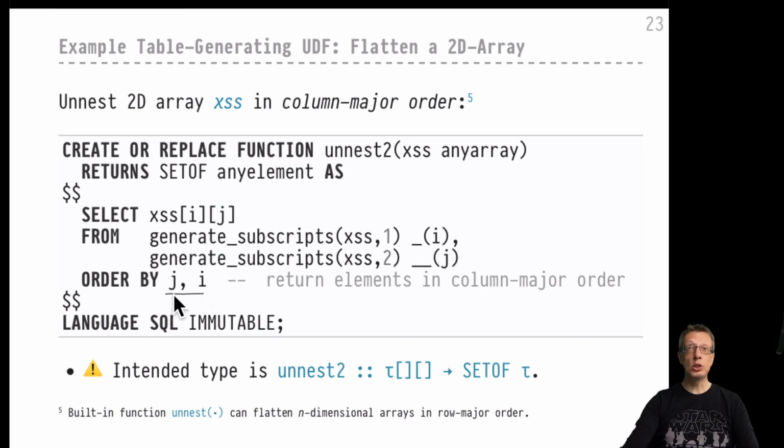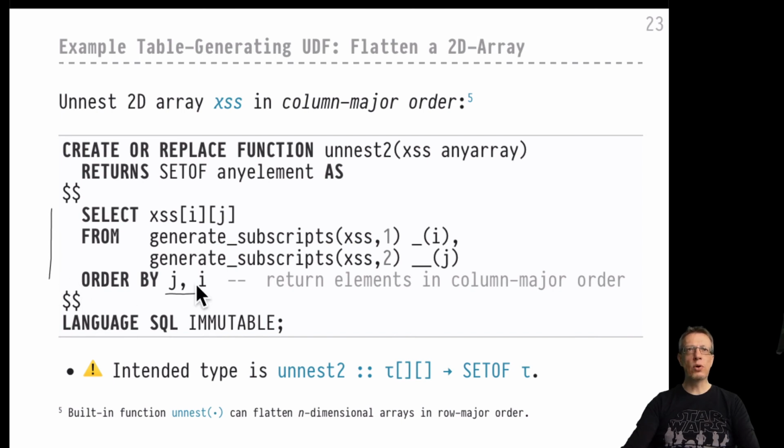The second dimension, the column dimension, determines the order of returned elements first. And then I would just use the i and j indices in the first and second dimension and access these elements in the array XSS, and this is the returned order. And the order of the returned elements is well defined.